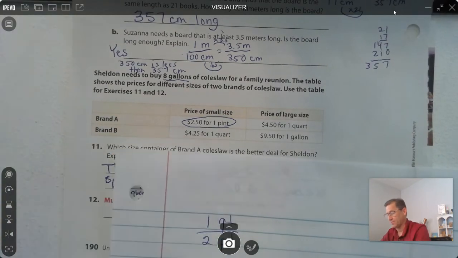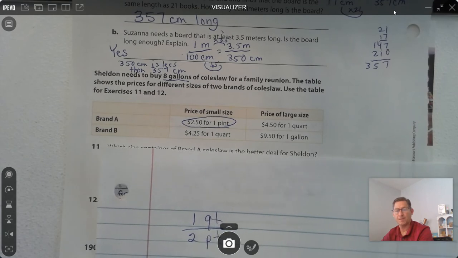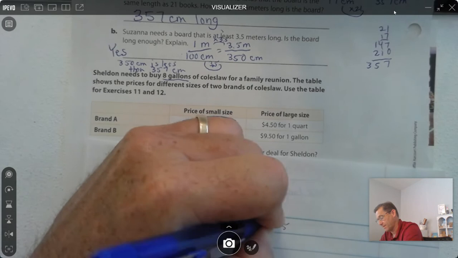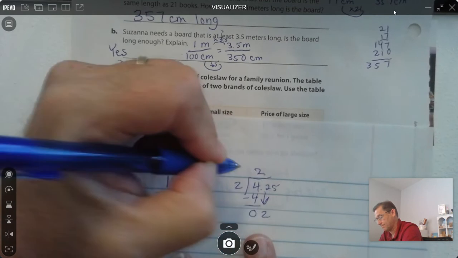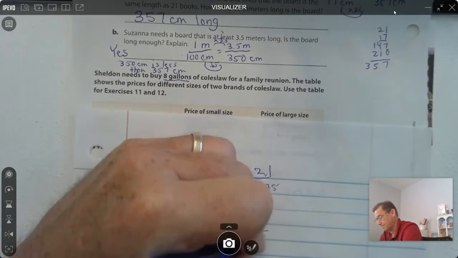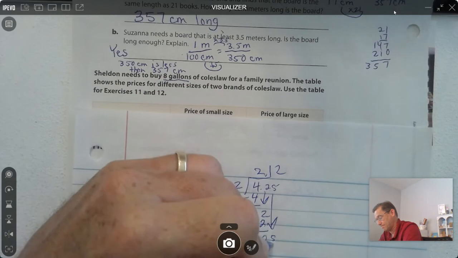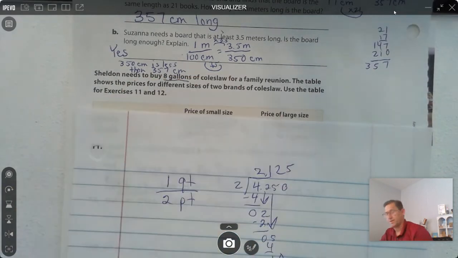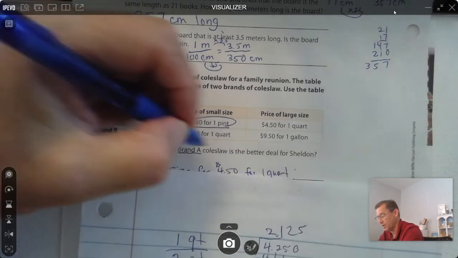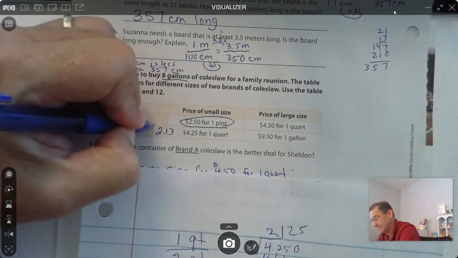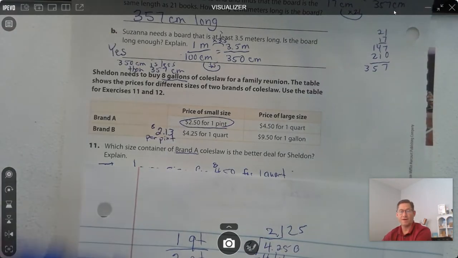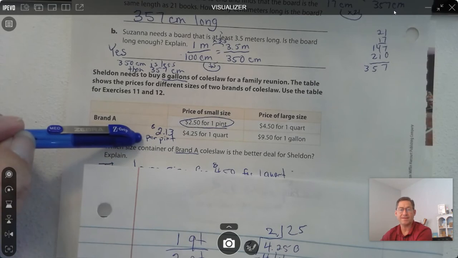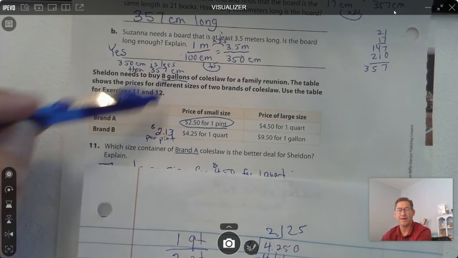Well, that's 2 pints, right? 2 pints in a quart. So 4.25 divided by 2. Okay, so 2.125, so that's about $2.13 per pint. So right now, you should buy brand B, small size, because it's less per pint.